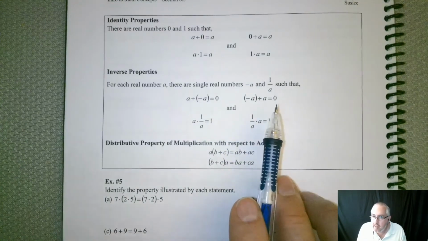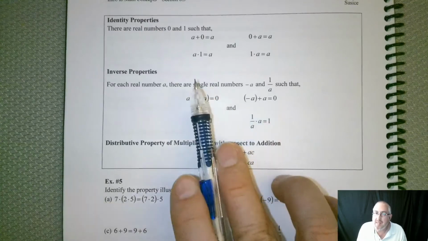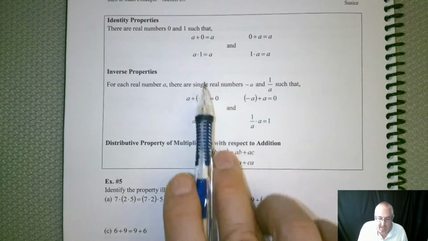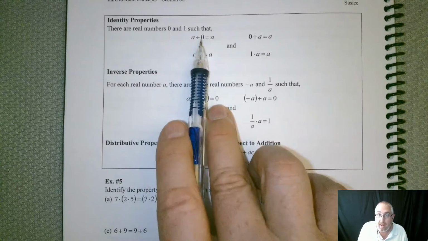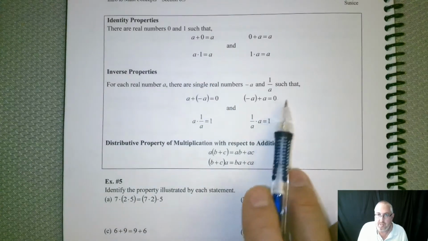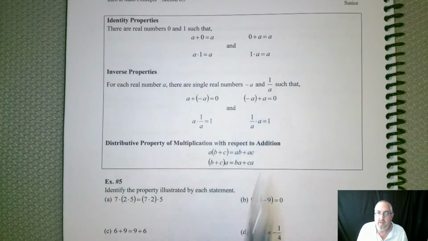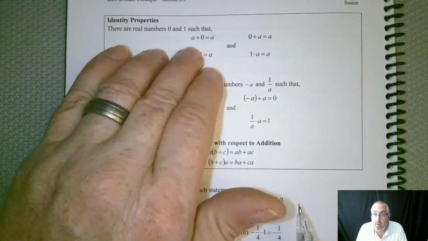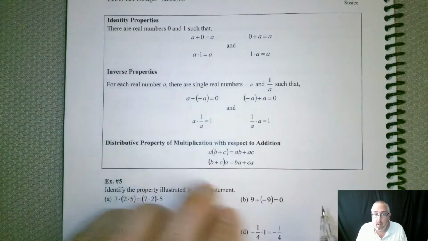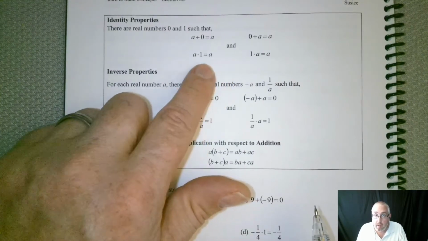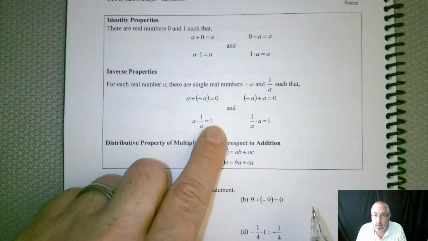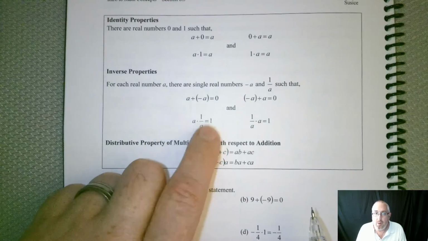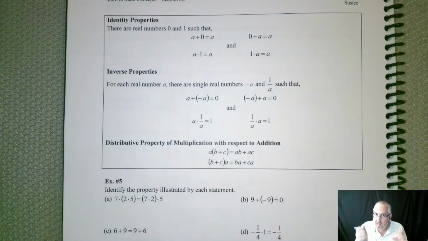So it's similar to identity, but it's not quite the same, because this one uses 0 and equals 0, and the multiplication one uses 1 and equals 1. So that's how you can keep those two properties separate. It's easy to get them confused though, so be careful.